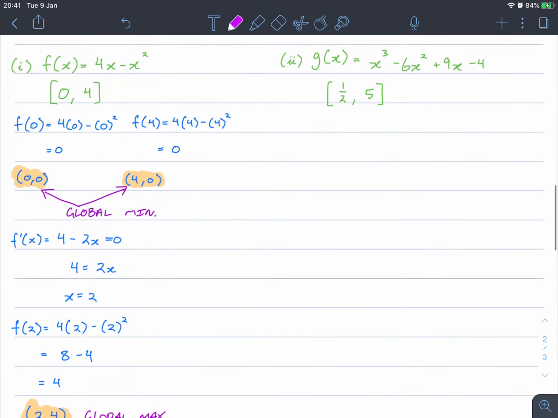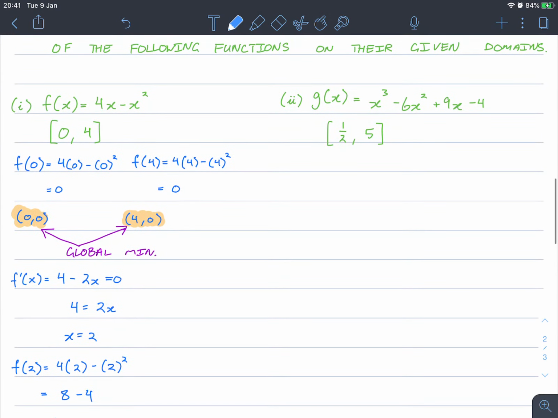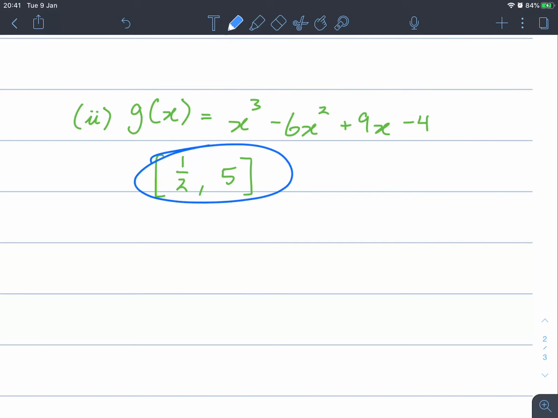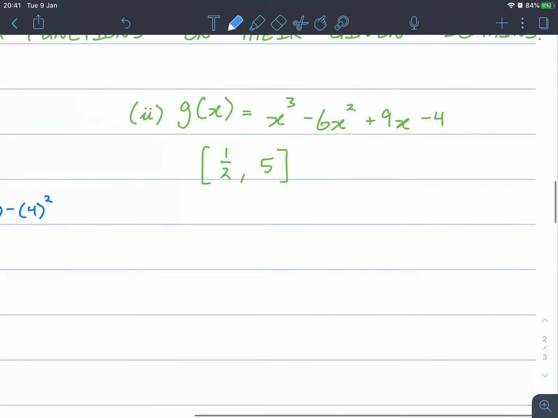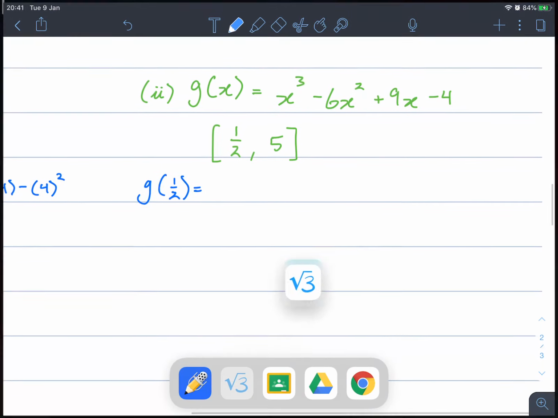Let's do this one more time. Let's find the global maximum or minimum of this function between this domain. So first, we should always test the endpoint. So let's do g of half. I'm not going to write it out. I'm just going to substitute it straight away.